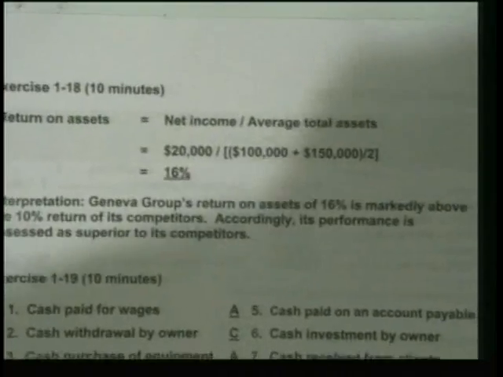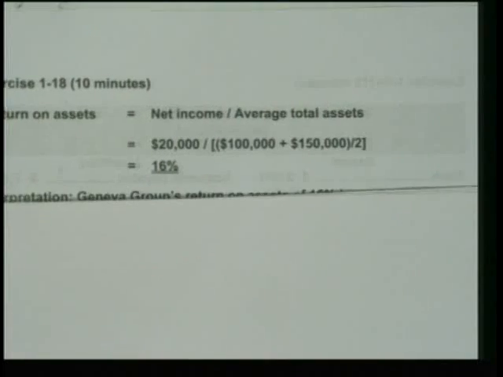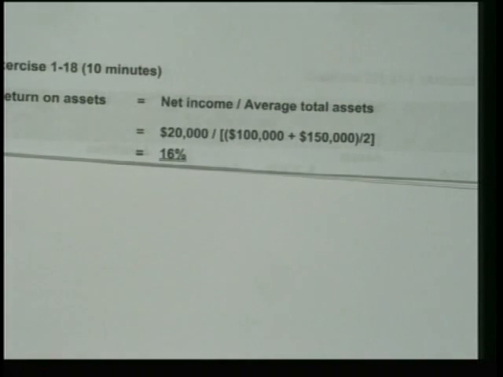Now, the return on assets is calculated by taking the net income divided by the average total assets, correct? And in this case, they tell us in exercise 118 that Geneva Group reports net income of $20,000 for 2011. At the beginning of 2011, they had $100,000 in assets.